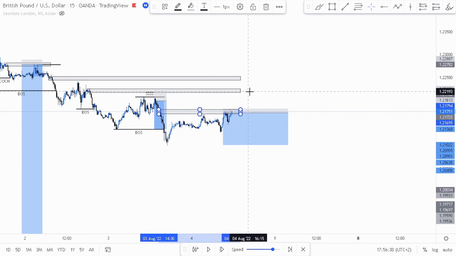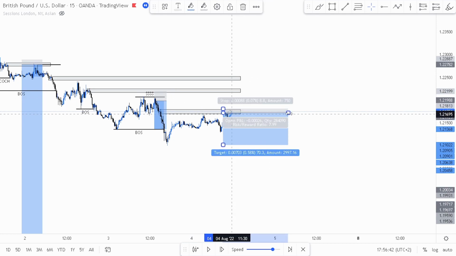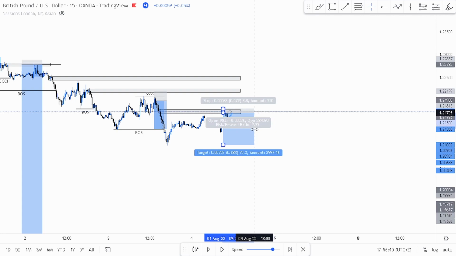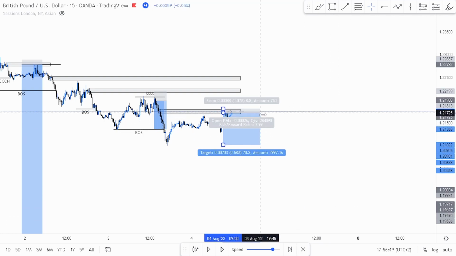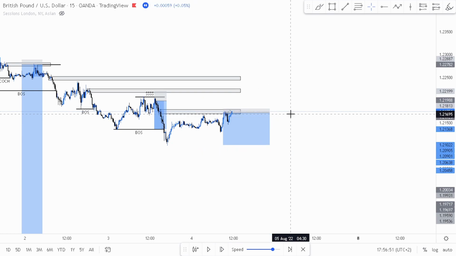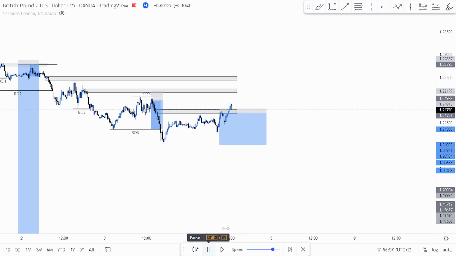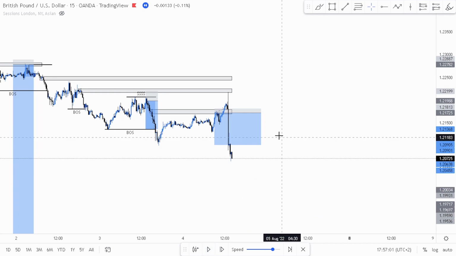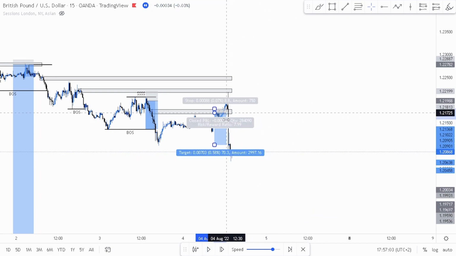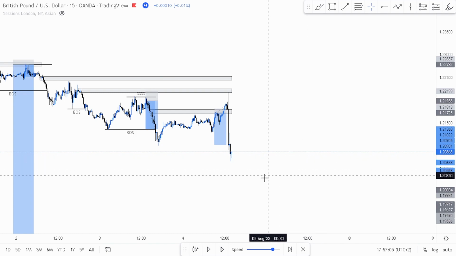Now it's not easy identifying liquidity in the beginning, but as you keep on working on your skill, it becomes more and more easy to start identifying liquidity. So boom, people get stopped out, and look at that. People get stopped out.